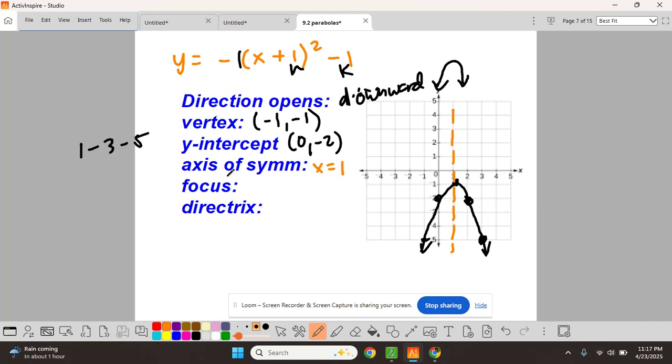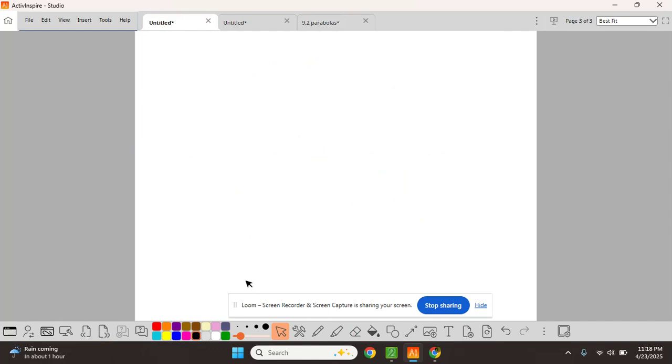Okay. Now focus. How do we get the focus? This is where it gets interesting now. I need you to pay attention here. So we will go back there. So again, the formula for parabola using the vertex form, y is equal to a times the quantity x minus h squared plus k.